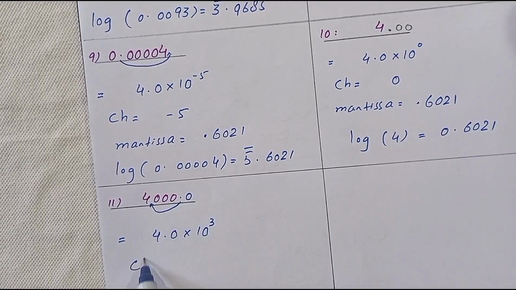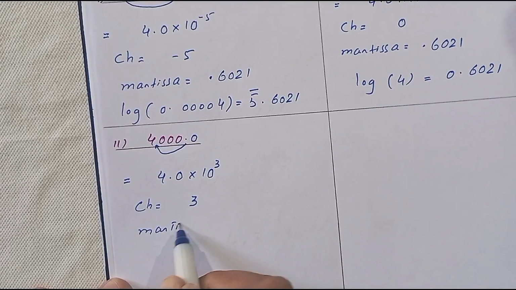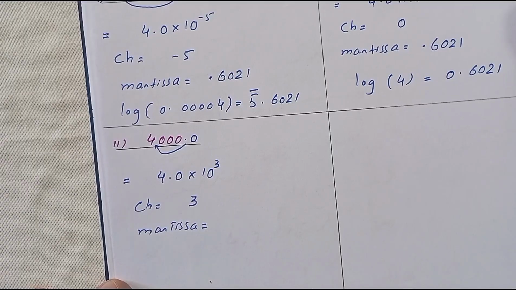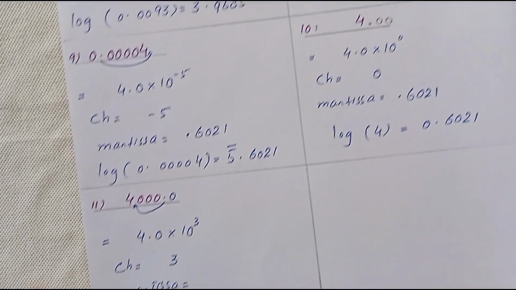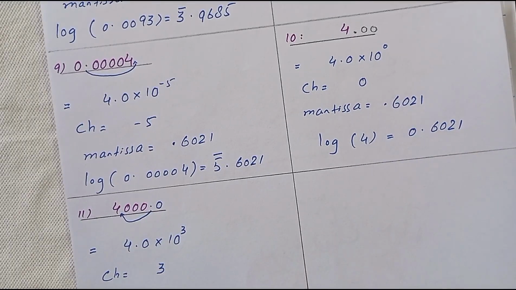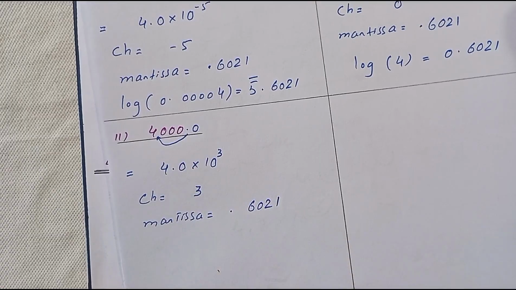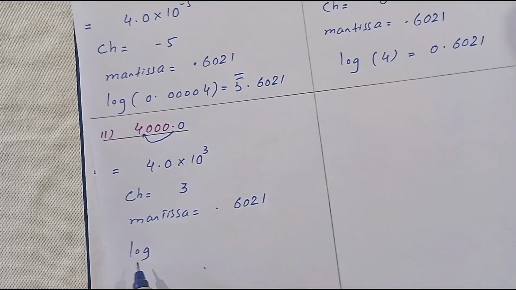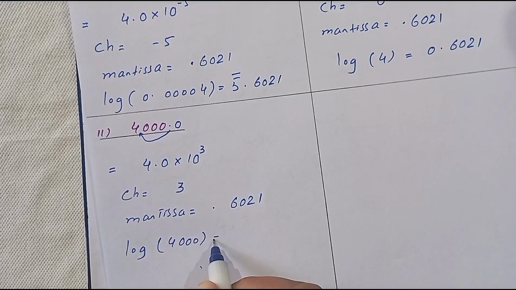So here characteristic is 3 and for Mantissa we have to look at 40 into 0 in the log table. As we look above, the value is the same, that is Mantissa 0.6021. So here the Mantissa is 0.6021, and the value of log 4000 equals, adding characteristic and Mantissa.